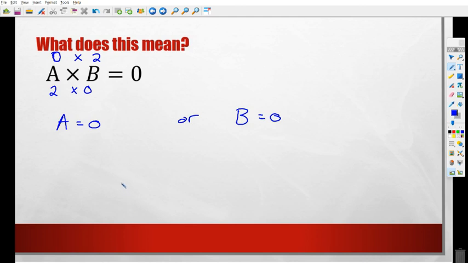Can you see I've got something multiplying here? This is one term, people. Something multiplied by something equals 0. Either that is 0, or the other thing being multiplied is 0. Does that make sense? I hope that makes sense to you guys.